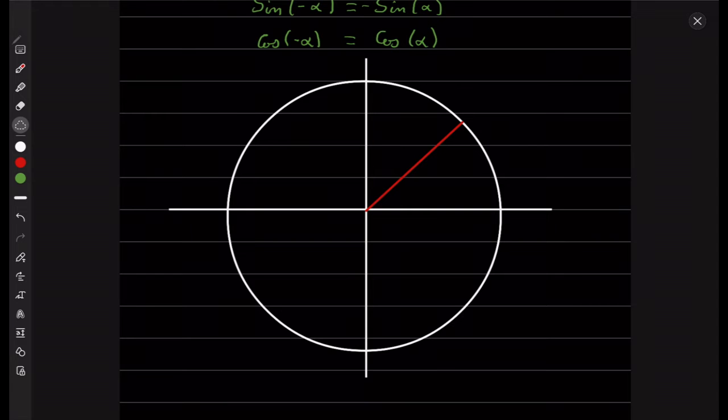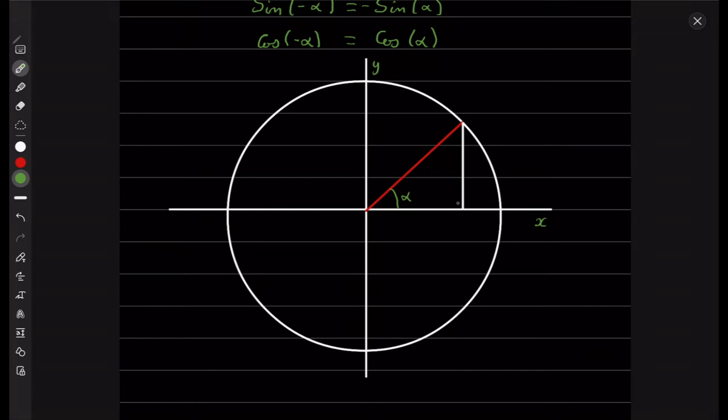That's basically the radius. So we know this is the y-axis, this is the x-axis. Sine is defined to be the y-coordinate. This over here is equal to alpha.